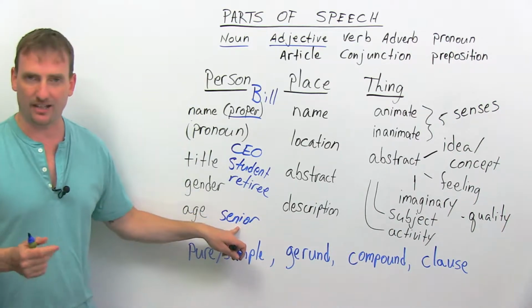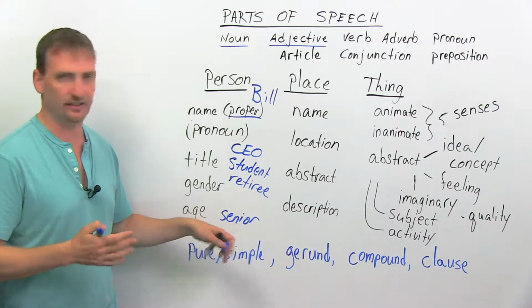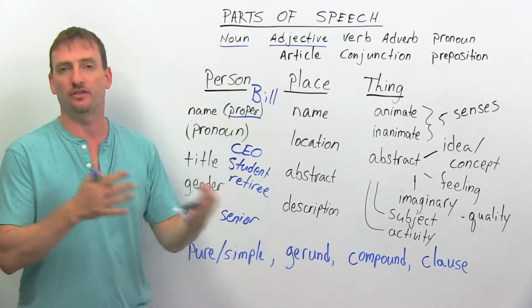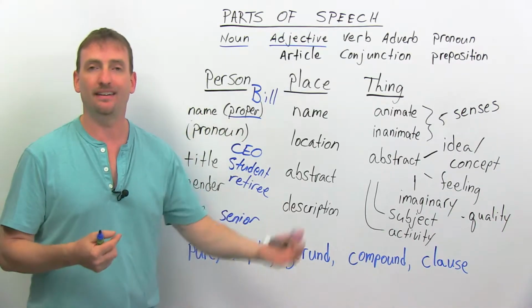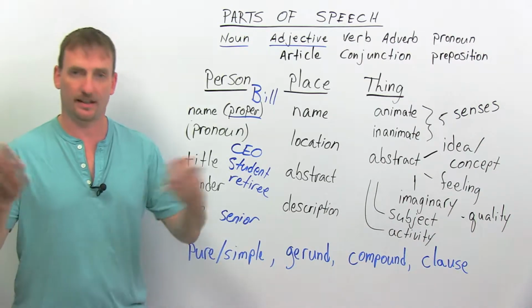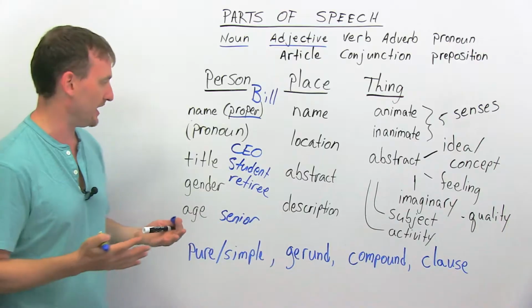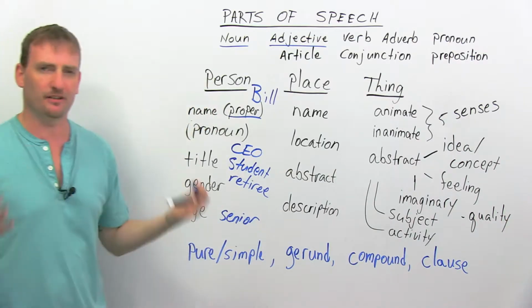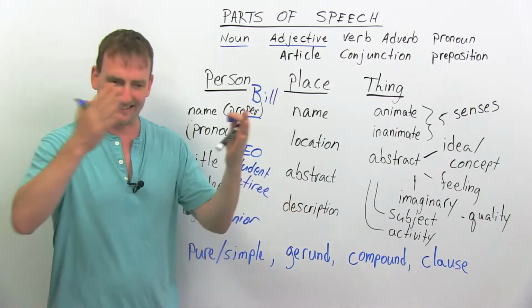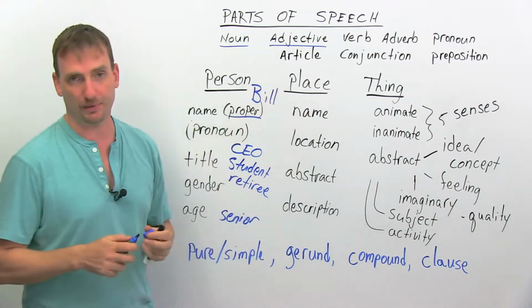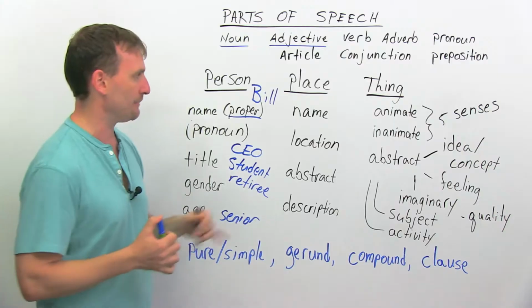Senior can also be an adjective, which we'll talk about after this, but senior can also be a noun, and you're referring to a person according to his or her age. A teen, a youth, etc. All of these are nouns, person nouns, based on their age. So you can see, just saying person is not enough. There's different areas and different types of person. And the same thing for place, different types and ways of looking at place.